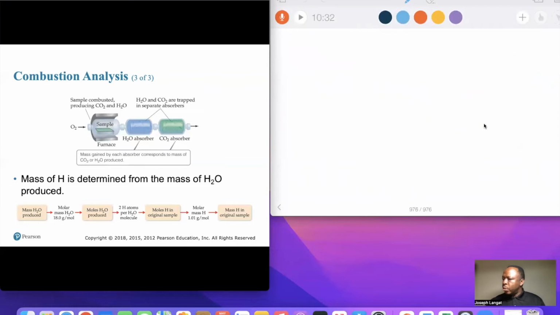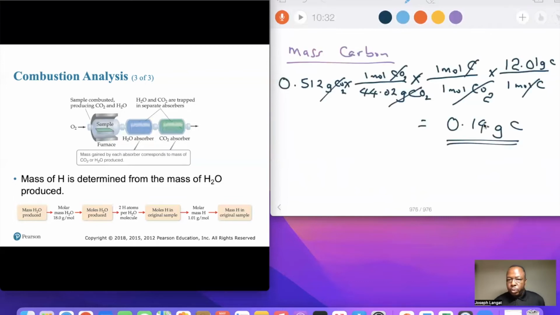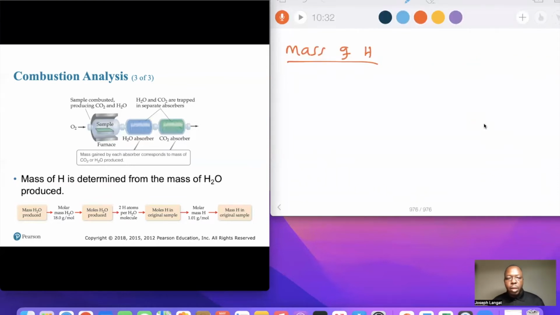Now for the mass of hydrogen. We are done with the mass of carbon. We want to know the mass of what? Hydrogen. In the same way, we know the mass of H2O produced, 0.209 grams of H2O. Using the molar mass of H2O as a conversion factor, 18.02 grams of H2O is 1 mole of H2O.